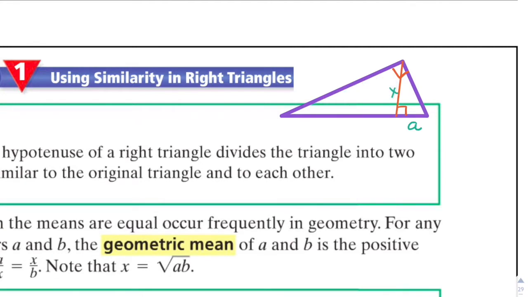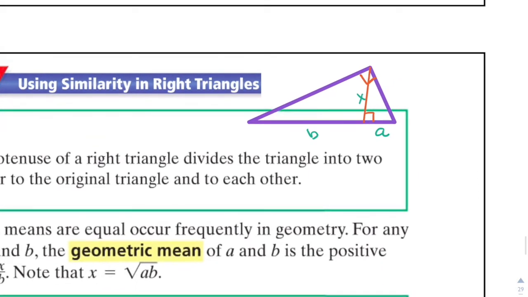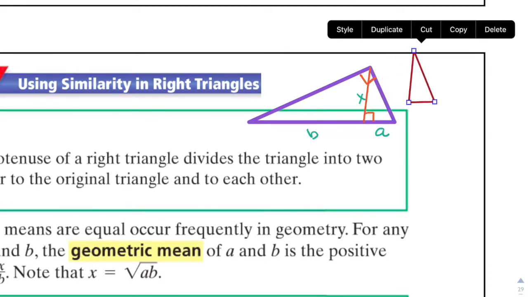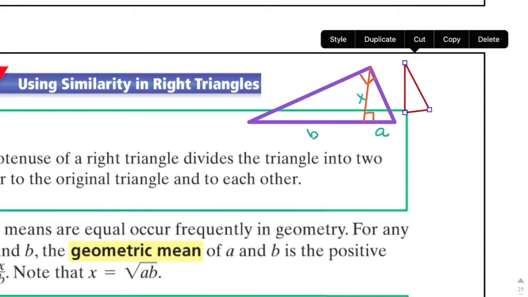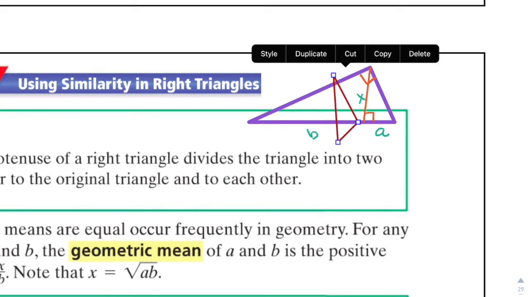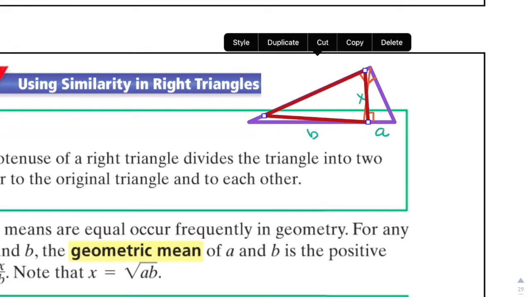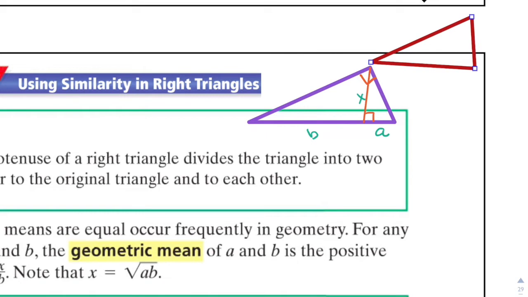That is X. And its larger side I'm going to call B. So what I'm saying is, if we were to take this smaller triangle and pull it out, we have A is to X, and that's the same as X is to B. That's your geometric mean right there.